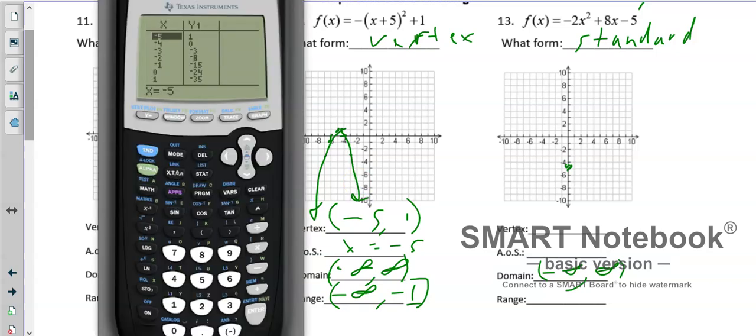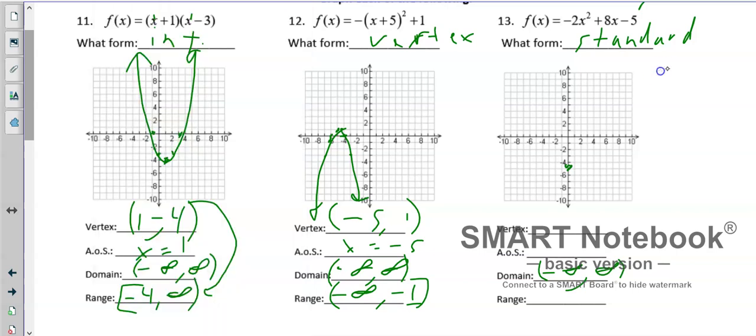All right, last one here, number 13. Clear it out. Negative 2x squared plus 8x minus 5. Graph. Okay. Now, mathematically, how do we find the vertex? It's opposite of b over 2a.